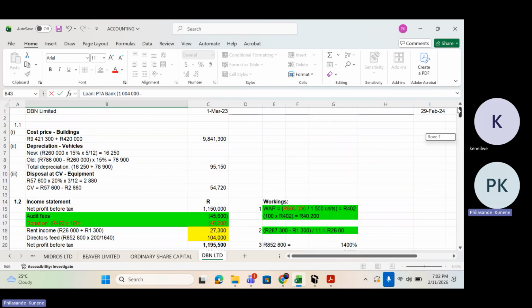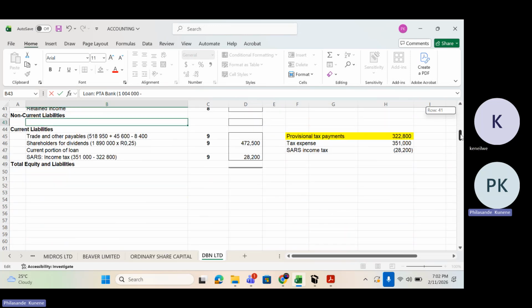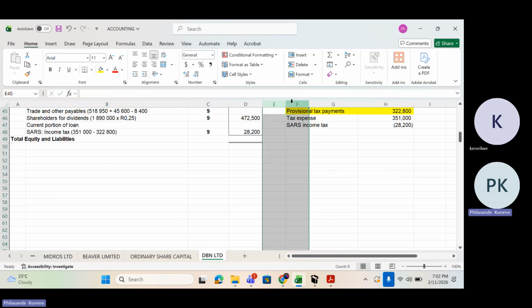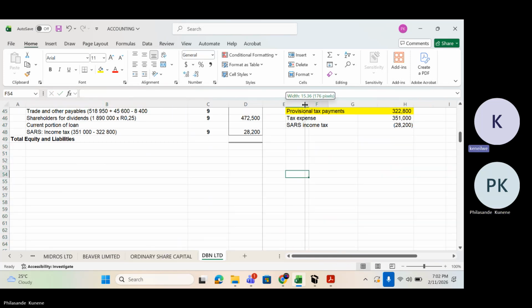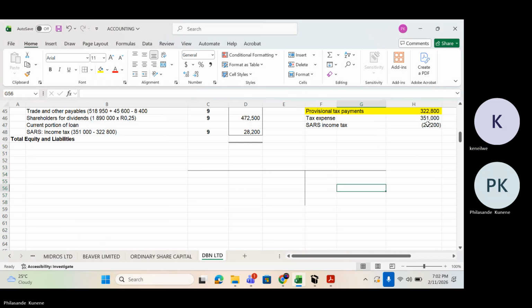Let me just do my workings somewhere here, just do my T account somewhere here.